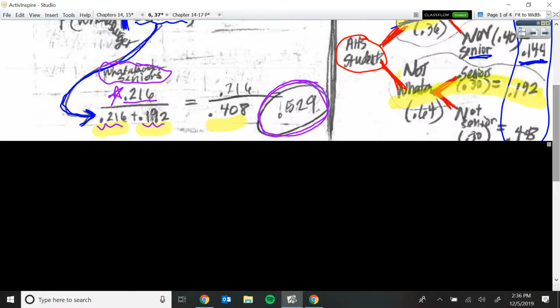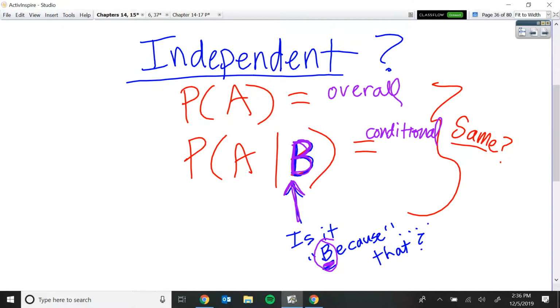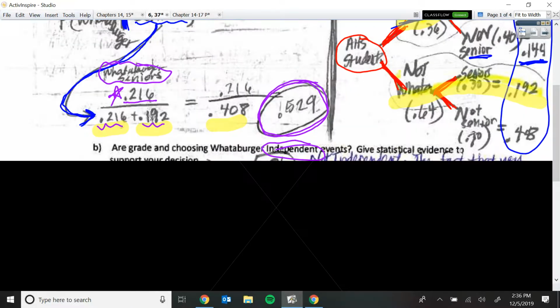This one then did go on to ask about independence. So what should you think of when you see that? This is what better come to mind immediately. Is it independent? Oh, I better write that down. Okay, so that's what I did.